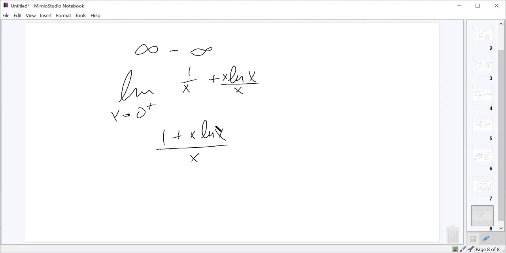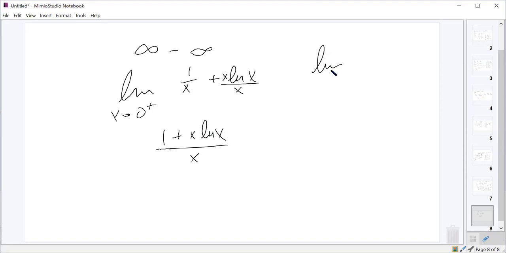That's still going to come out to be 0 times infinity. But if we rewrote the x ln x part as ln x over 1 over x, that's an infinity over infinity, which, what does that limit come out to be itself? Probably, hopefully, negative 1.